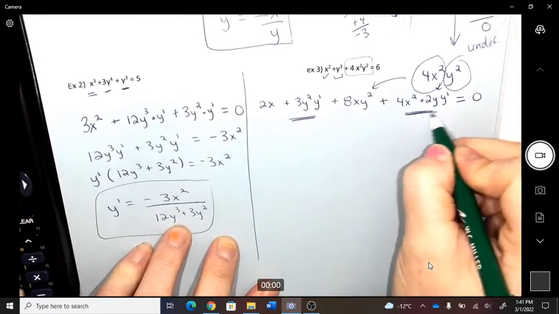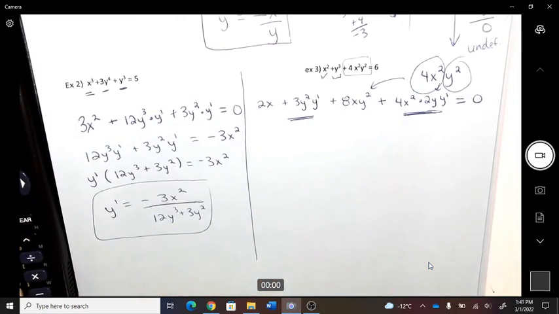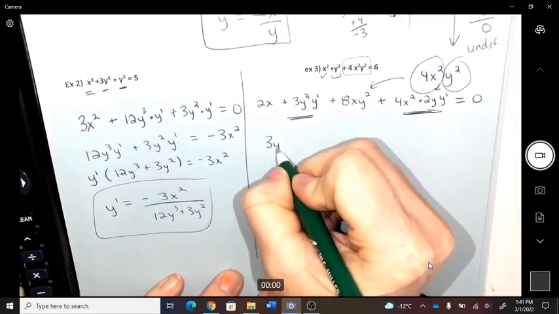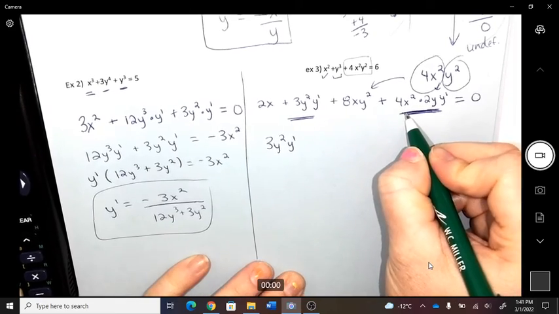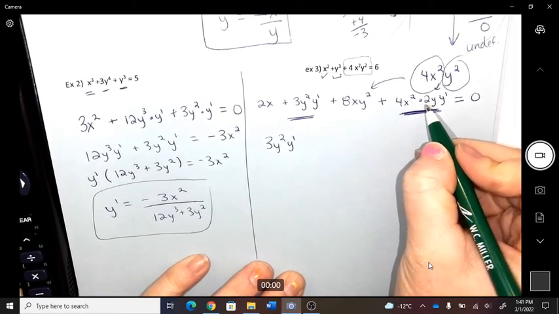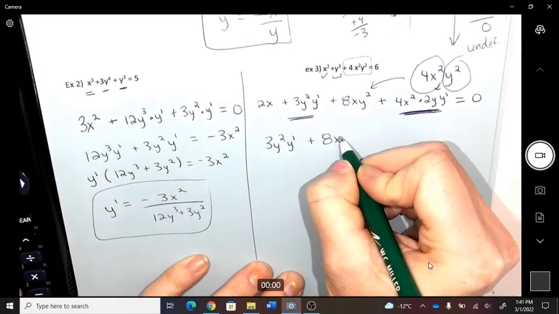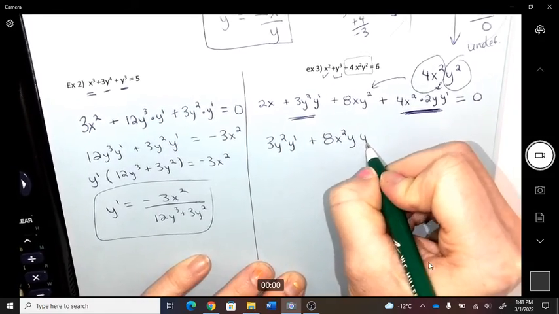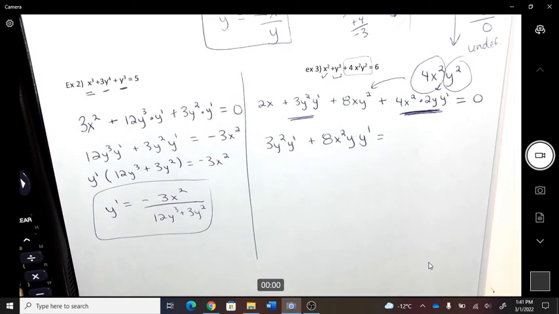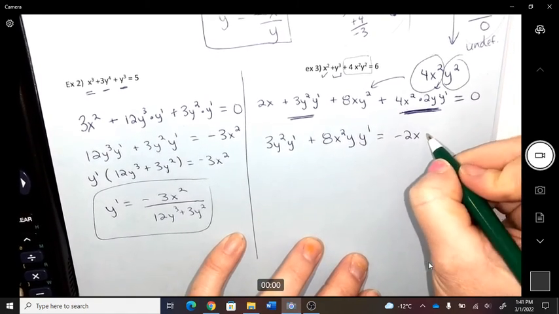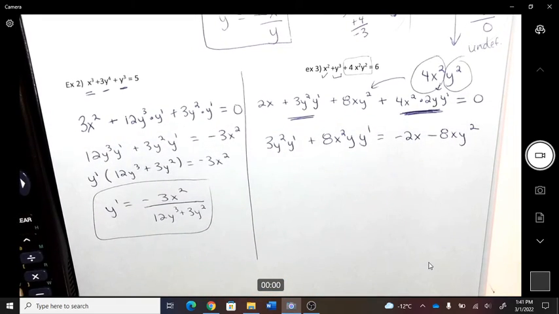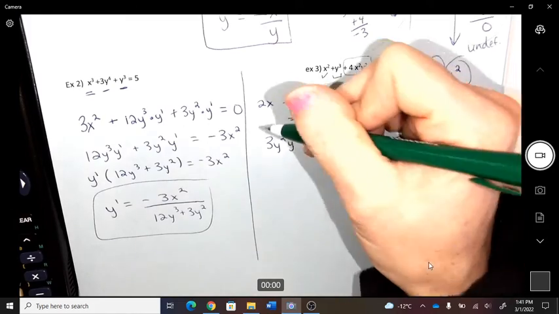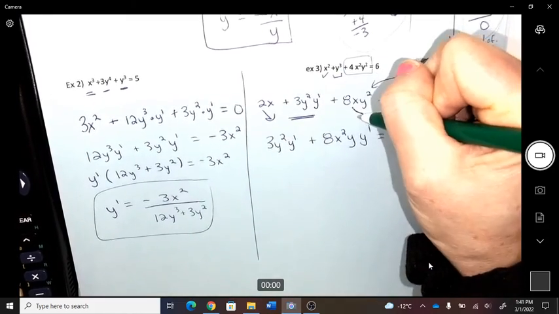Okay, these two units I'm keeping because they have y primes in them. So 3y squared y prime. And I'm going to simplify this. I'm going to put the 4 and the 2 together. So 8x squared y prime. So then I moved this and I moved this.